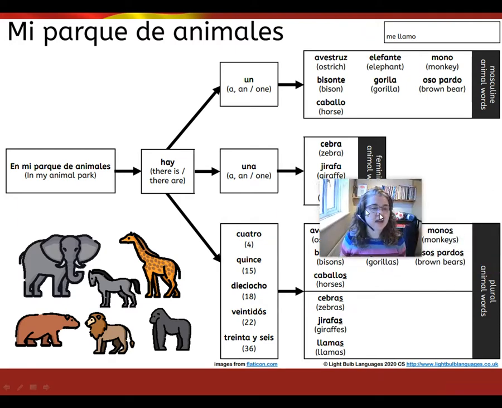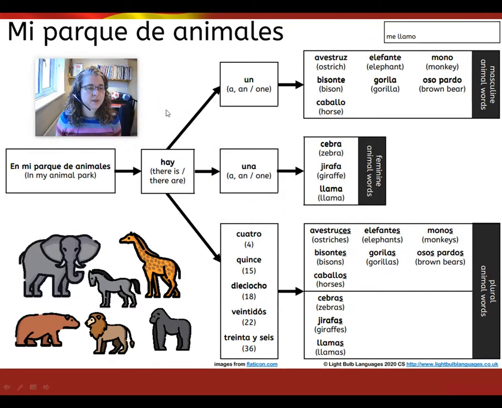Now here we have a sentence builder which is showing us how to put our sentences together to say how many of each animal is in the animal park. And you can see that we start off on the left, just here, with En mi parque de animales, in my animal park. Then we follow the arrows to hay for there is or there are, which is just there. And then we have the number.